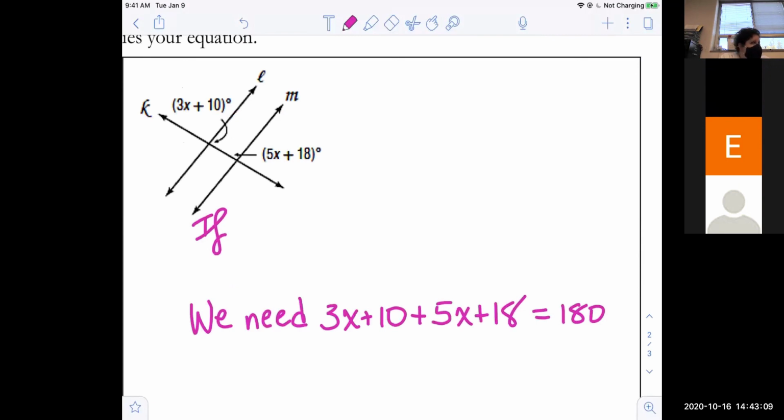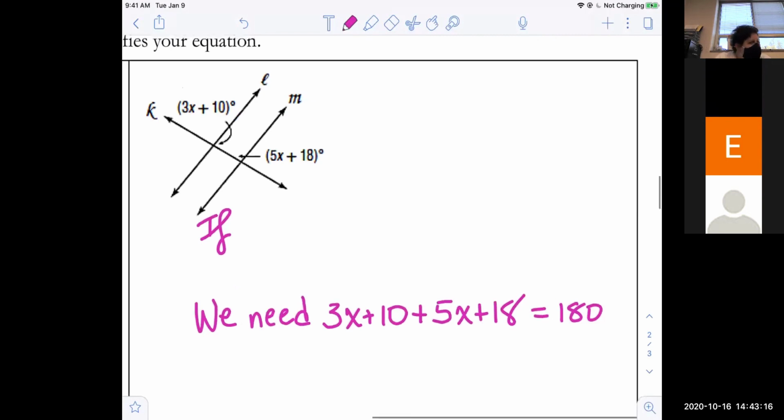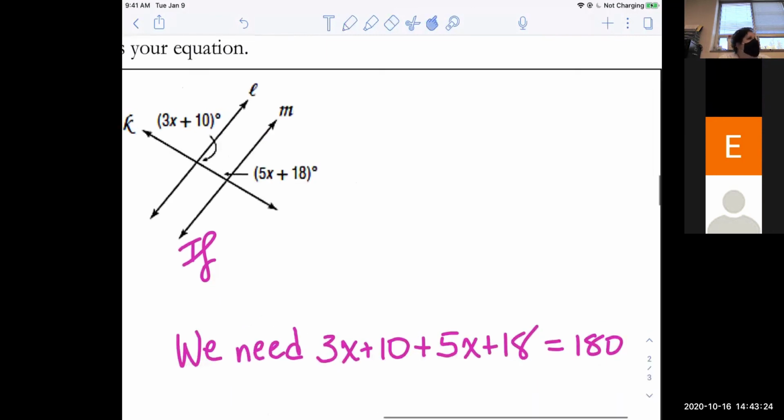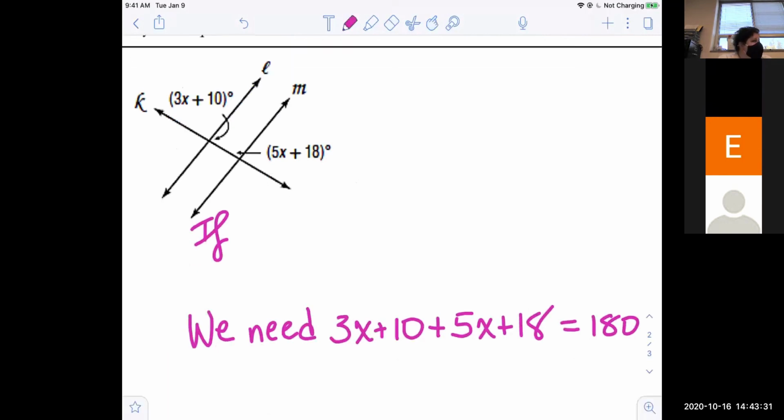Do we know that they're parallel lines? We're trying to make the lines parallel, okay? It doesn't say in the problem they're parallel. It doesn't show you that they're parallel. It's asking you, what do you have to know in order to make the lines parallel? So make an equation and force those angles to have the right relationship. So you don't want to be saying if two parallel lines, okay? You want to be saying if, tell me what I should say.